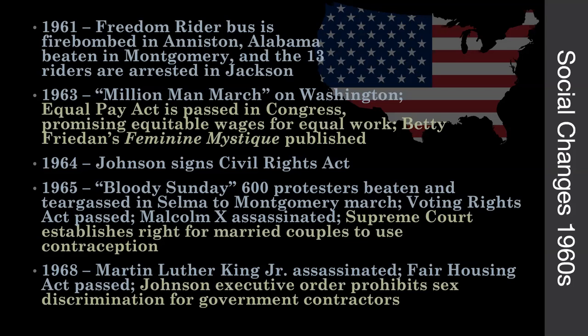But the Civil Rights Act and the Voting Rights Act, which Johnson pushes through Congress, and in fact, like 80% of the votes come from Republicans in the House and Senate. Very few Democrats are in favor of it because at this point, there really are 4 parties. They just happen to be located within 2 parties.